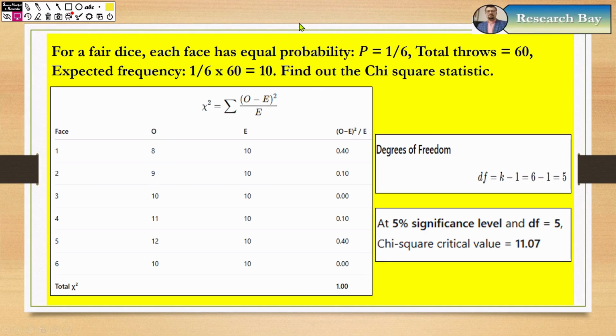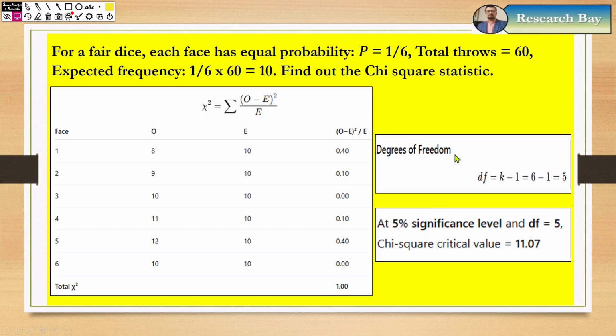Once we have calculated (O minus E) squared for all the faces, we are going to divide it by the expected frequency. Then we sum up all these face values and that comes out to be a total of 1. You see here, we summed up all these and that came out to be a value of 1.